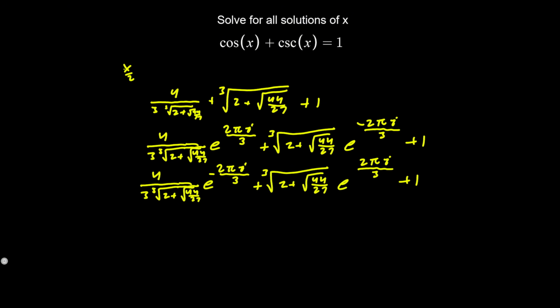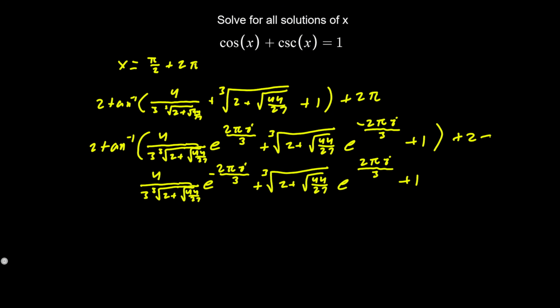So here we could say that x is equal to pi over 2 plus 2 pi. And here we're going to simply have 2 times tan inverse of all of this plus 2 pi, and then 2 tan inverse of all of this plus 2 pi, and then adding 2 pi to the last one, we will have the tan inverse.